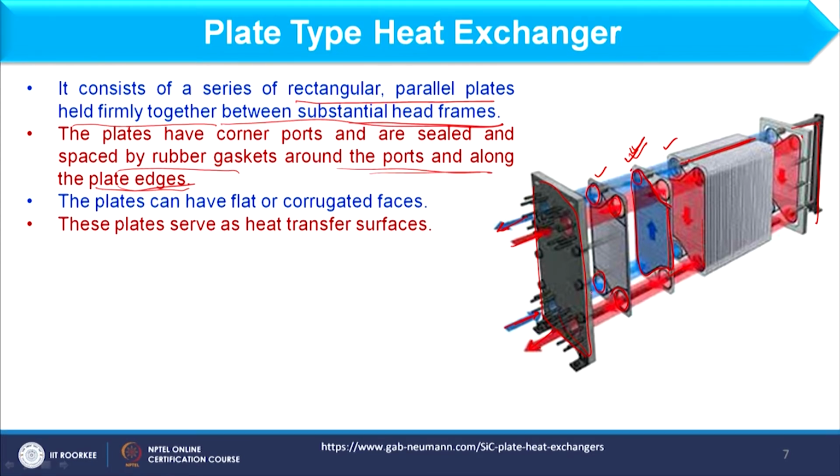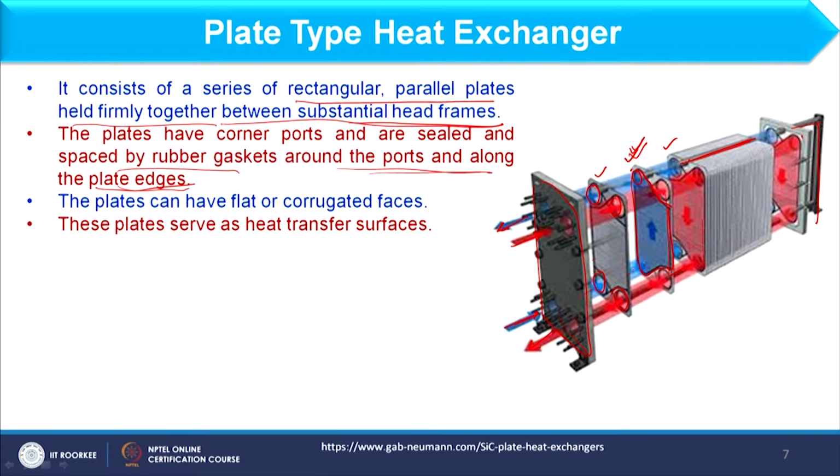So when fluid is entering the heat exchanger, between two fluids, no fluid can enter this region, because here we have the frame only, and this plate works as a heat exchanger plate. So what will happen?